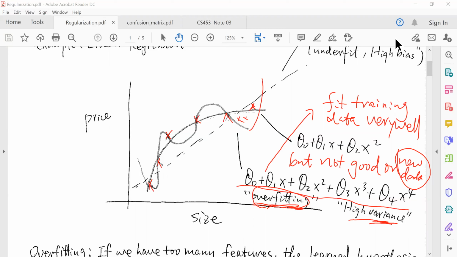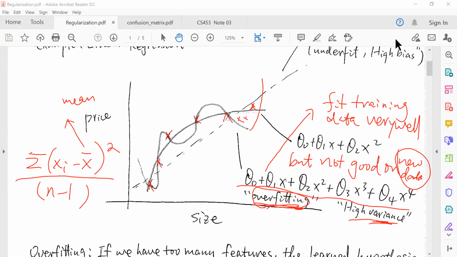The formula for variance looks like this. It's a summation over all of your samples of the difference from the mean of the sample, squared, divided by the total number of samples. So this is the variance definition. Generally speaking, it represents the spread of the data.